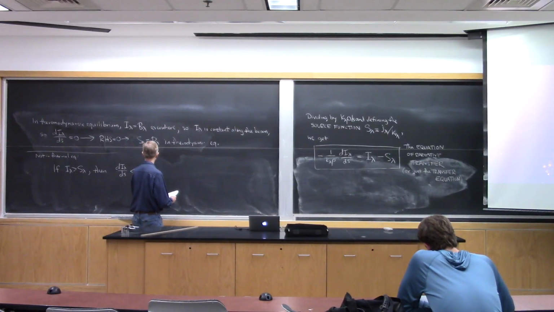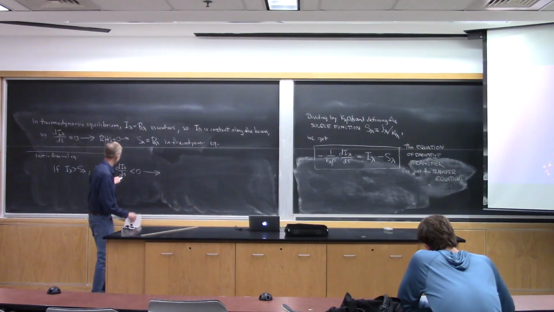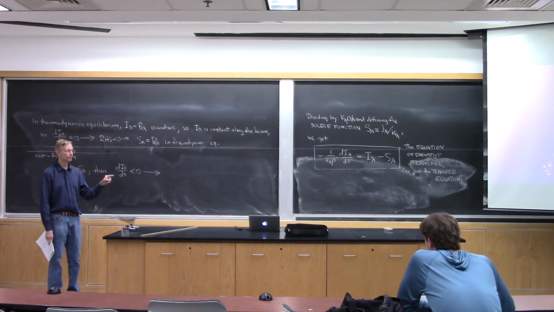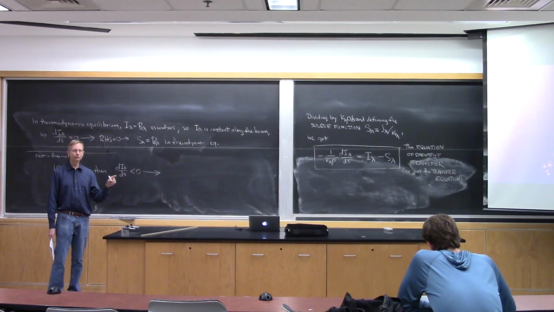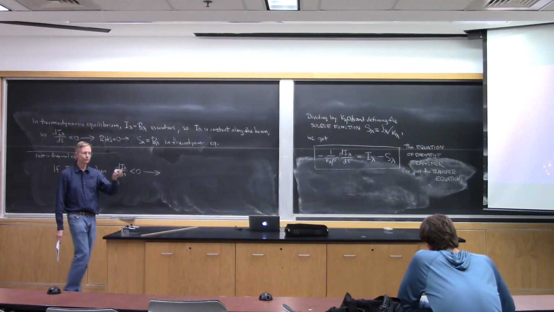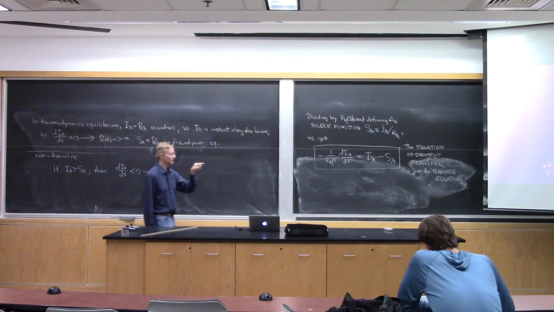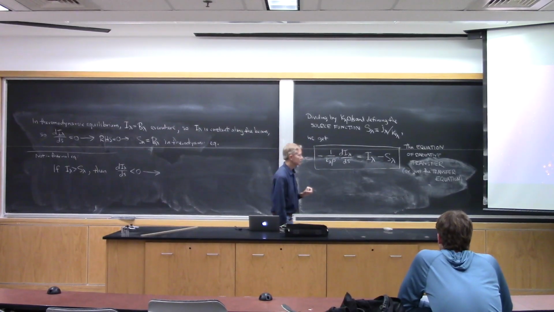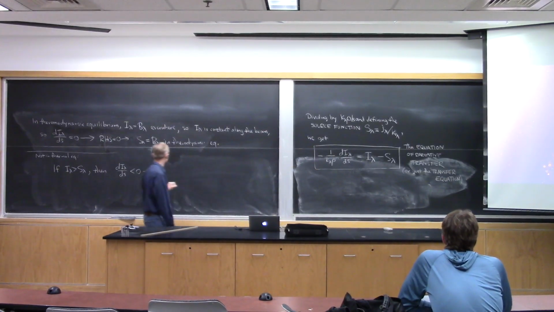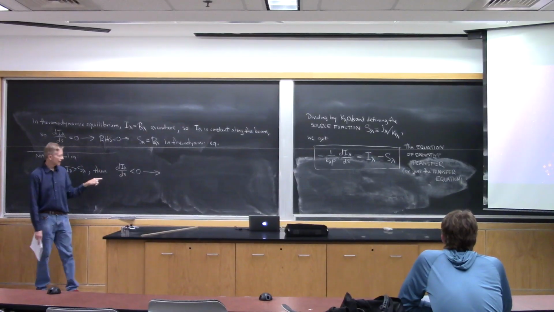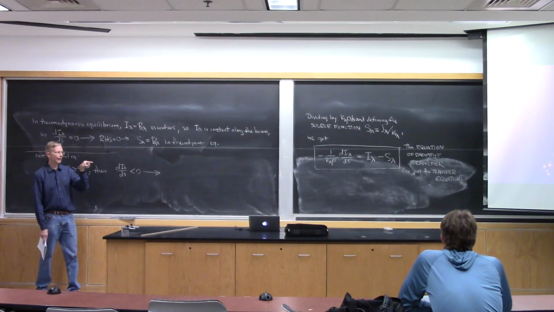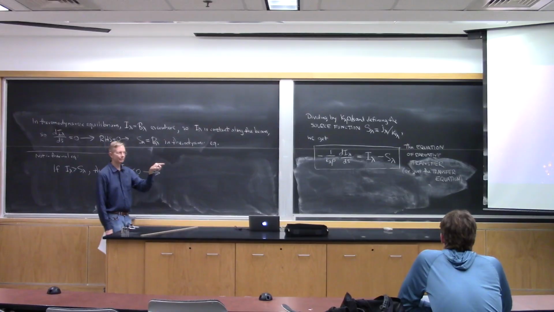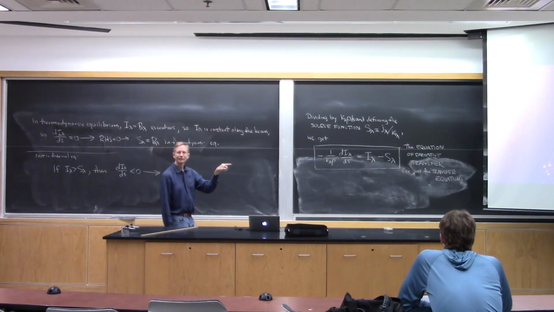If di lambda ds is less than 0, is I lambda increasing or decreasing as S increases along the beam? Remember, S is the length along the path of the beam, in the direction the photons are traveling. What's happening to I lambda as we move along the beam? It's getting smaller, right?